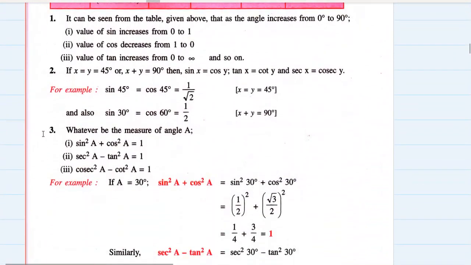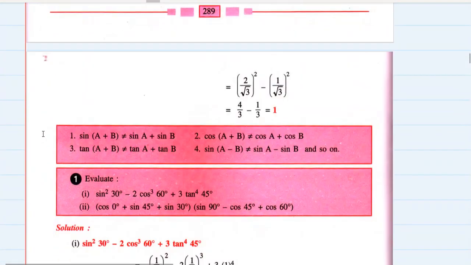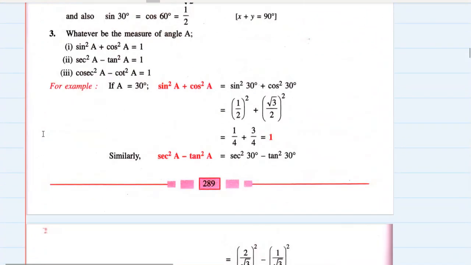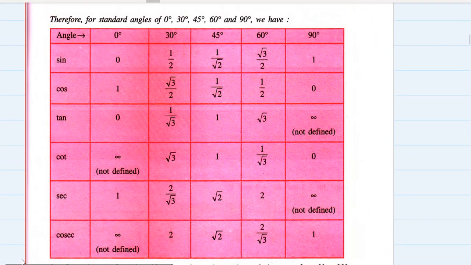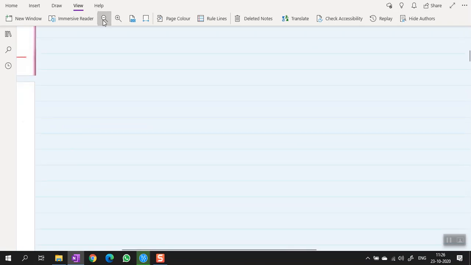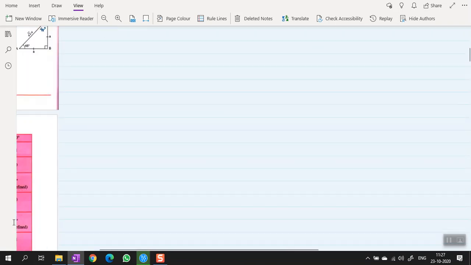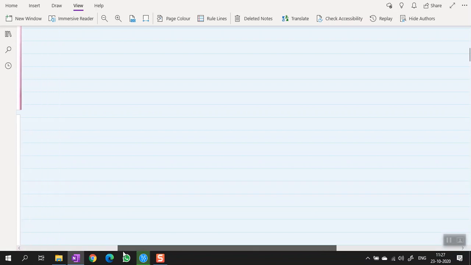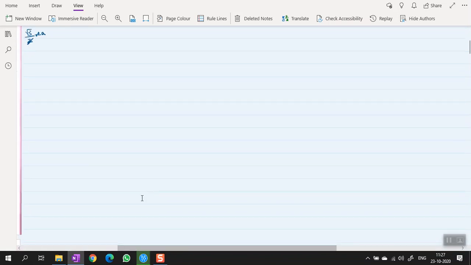So this is basically the table which we are going to draw. I'm not going to show you this table, I'm just directly going to make this table for you. Let's do that. Okay, so let's draw the table.